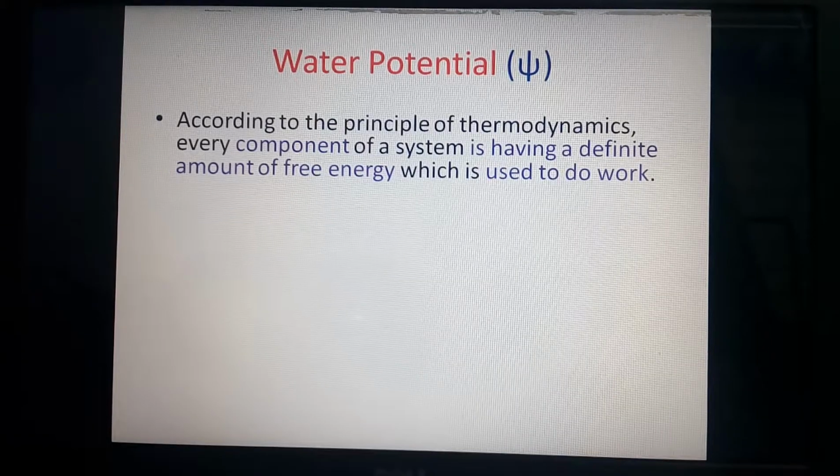As per the principle of thermodynamics, you can observe every component of a system.